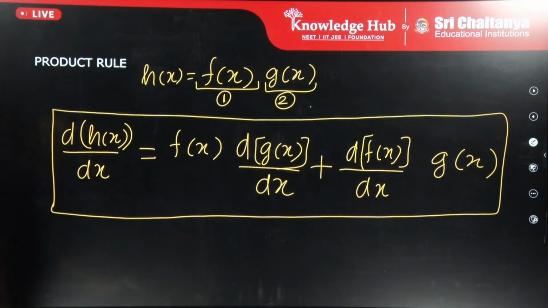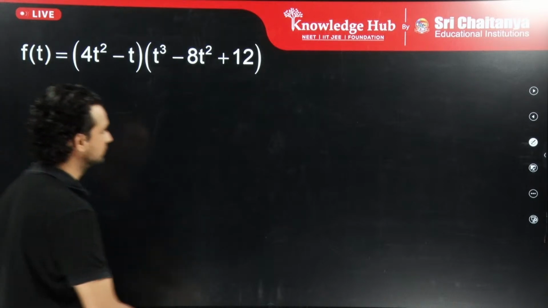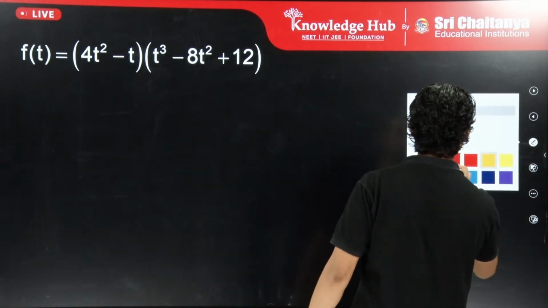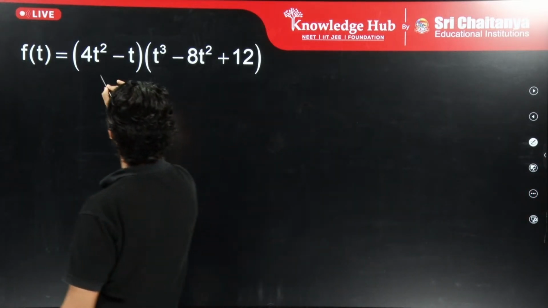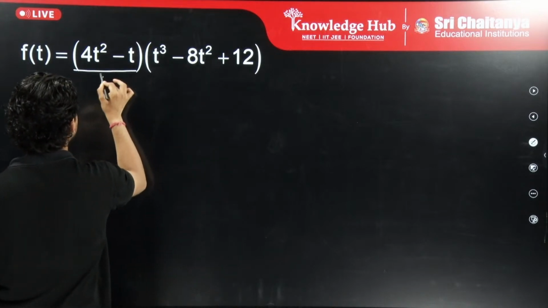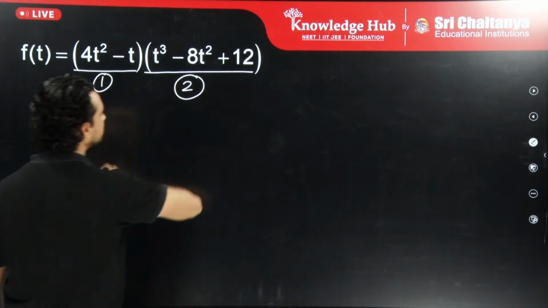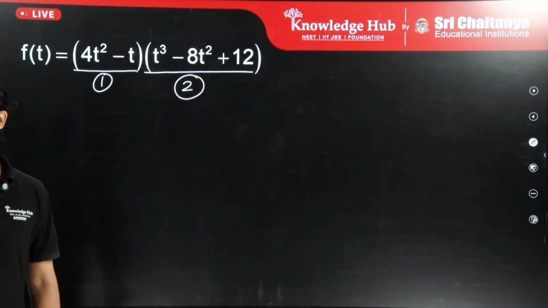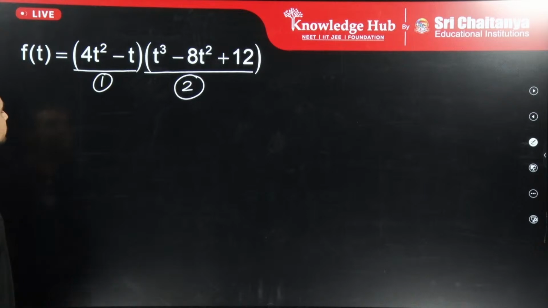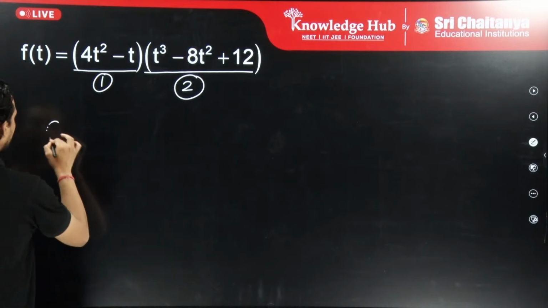So let's understand this by doing a question. I have a function 1 here, this is my function 1 and this is my function 2. I have two functions in multiplication form and I want to find the derivative. So what did I tell you?